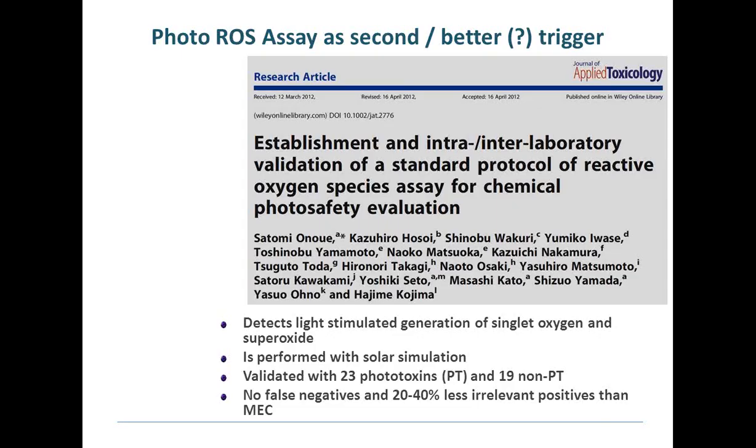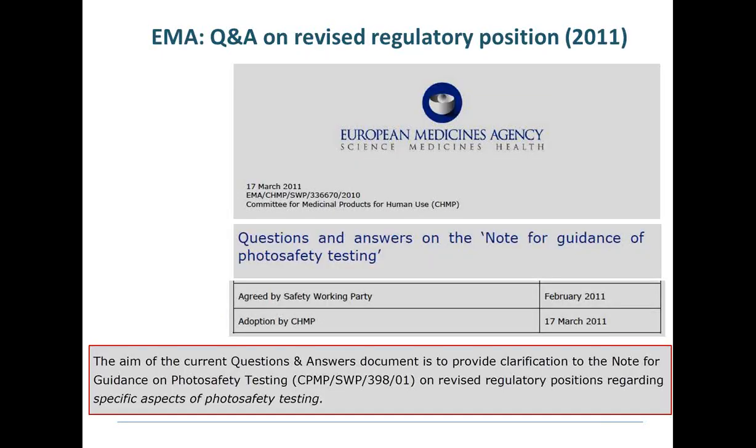So it is probably a better trigger than the MEC, and it is currently mentioned in the guidance document. Because the validation study is finished but not reviewed yet, maybe it will stay with the text like it is currently, that it is probably a better trigger or at least a second valuable trigger for phototoxicological testing.